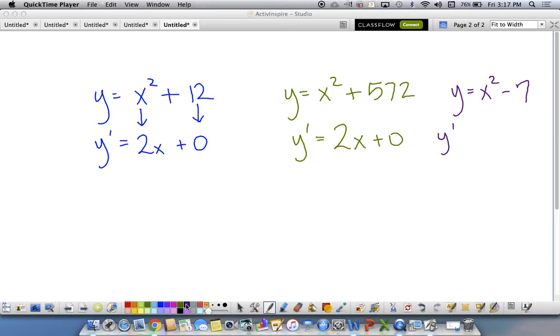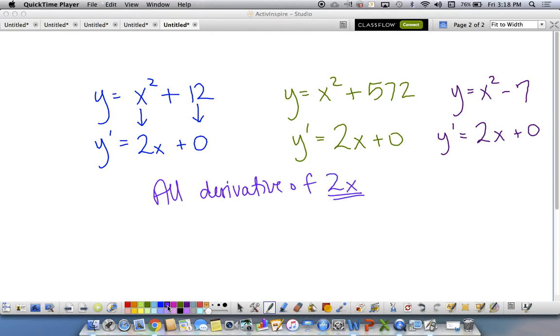What is y prime? Do you see that all of these y functions have the exact same derivative, 2x? So it's not quite as simple as the derivative of x squared being 2x.